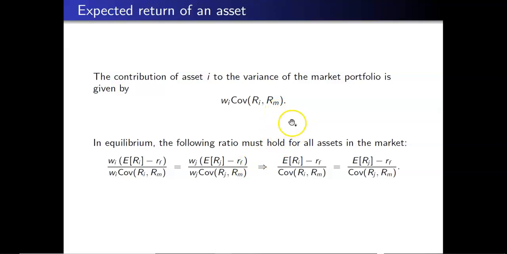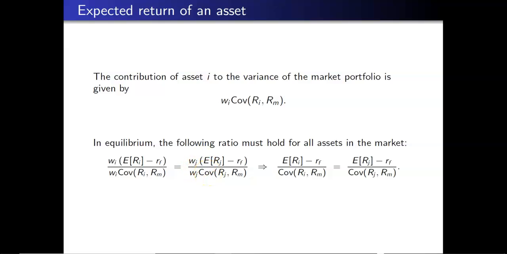In equilibrium, the ratio of contribution to return divided by contribution to risk should be equal for each asset.